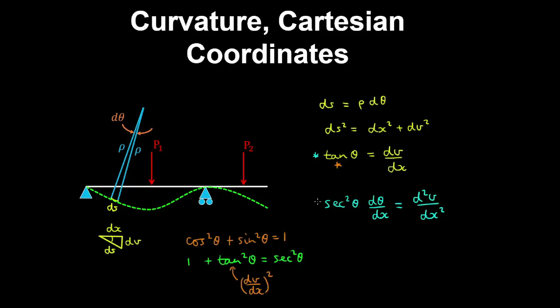So therefore we can write sec squared theta using this expression as 1 plus tan squared theta, or (dv/dx) squared, and that's multiplied by d theta/dx is equal to the second derivative of v with respect to x.